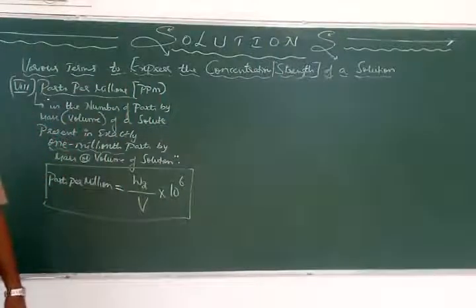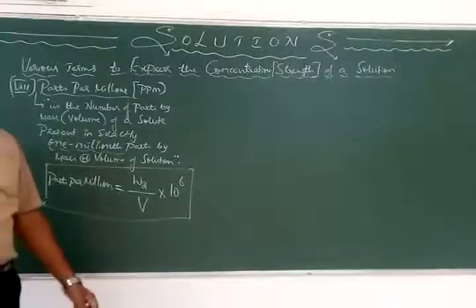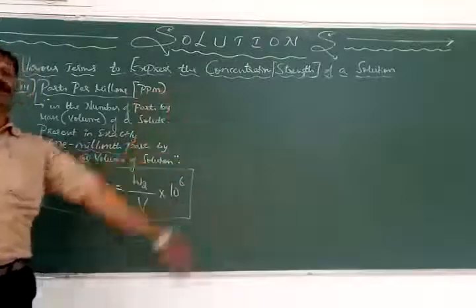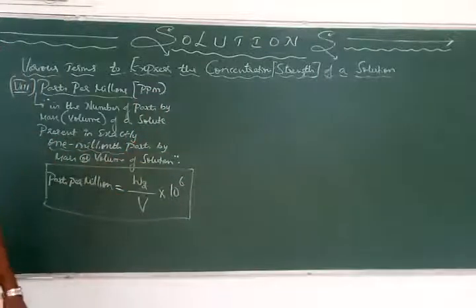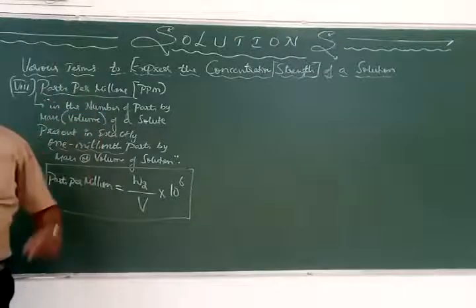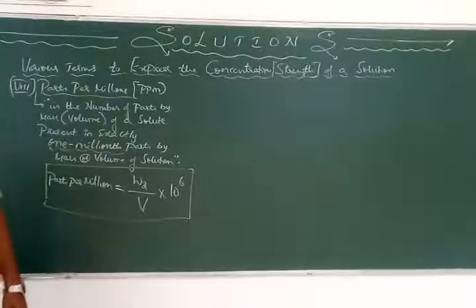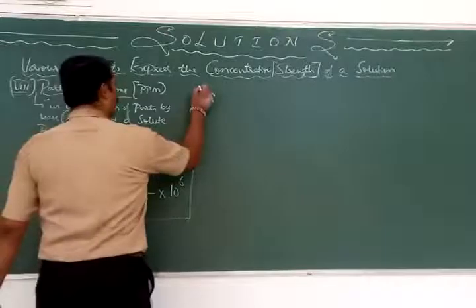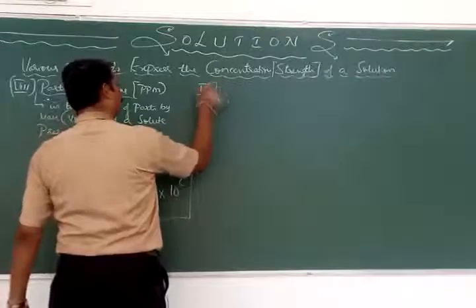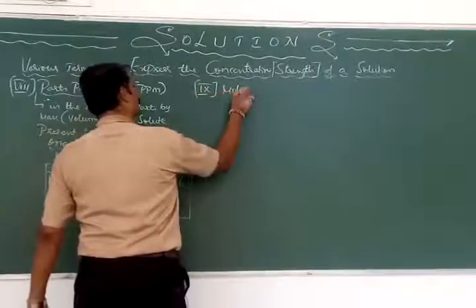The parts per million. Usually this term is used for very low concentration, meaning the amount of the solute is very small compared to the large amount of volume or mass of the given solution. Then you have to express that by which one? The parts per million. Okay. So lastly we will have the what fraction?